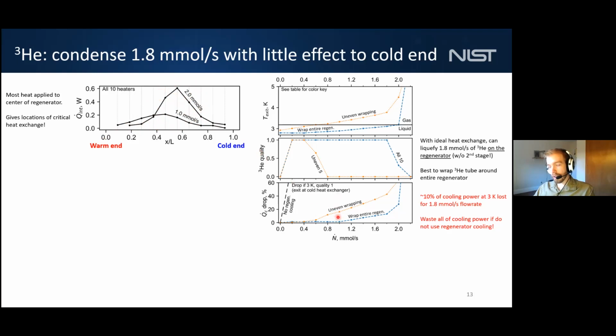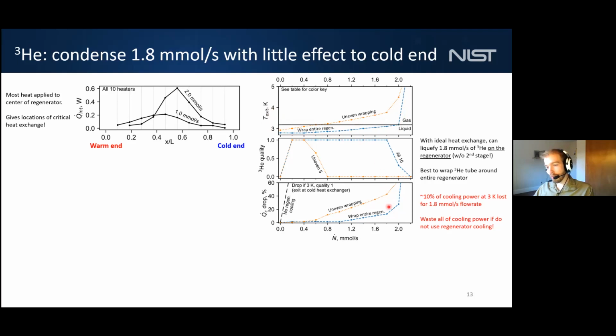And on the right here, we're looking at some data as a function of the molar flow rate. So the top two plots are showing if the helium is going to exit this regenerator heat exchanger as a gas or a liquid. So we can follow these blue lines here. These are if you wrap this heat exchanger around the entire regenerator.